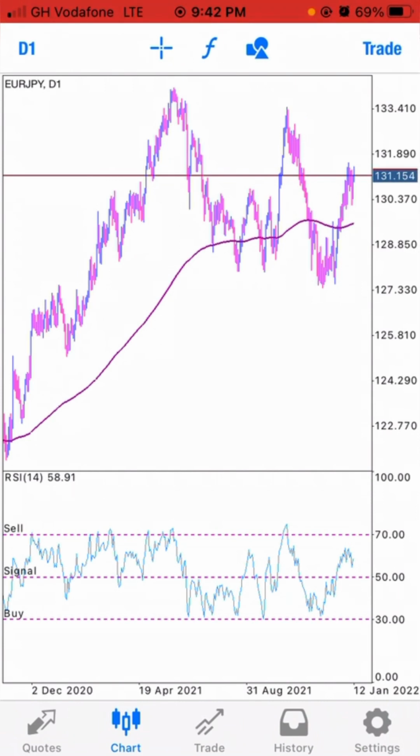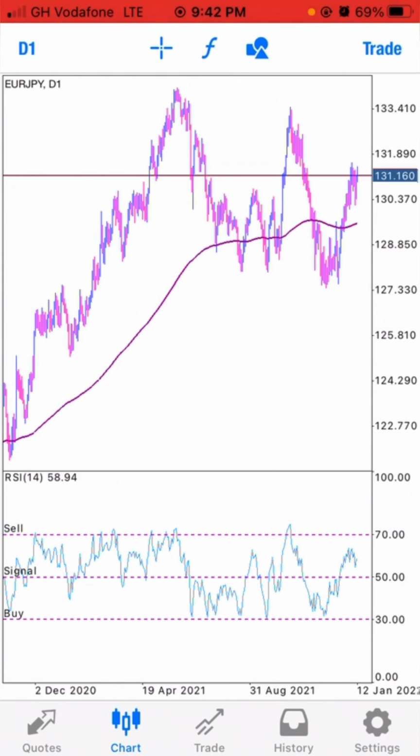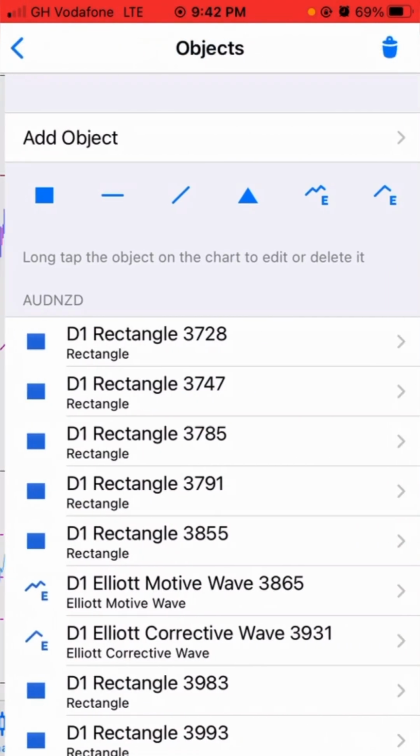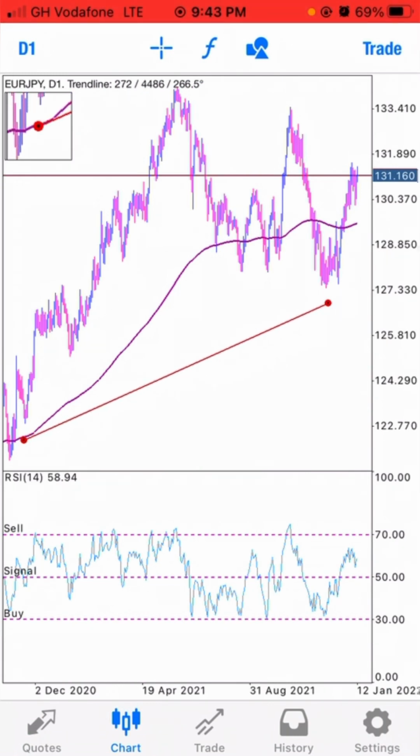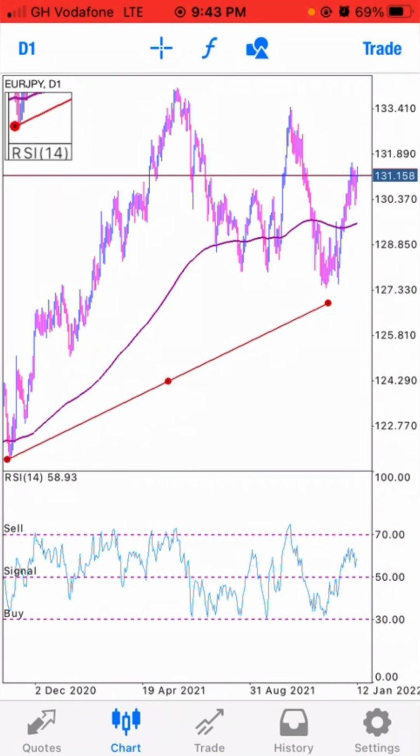So when you zoom in like this, it gives you a clear picture of what the market is doing. So in a layman's mind, you will see that there is a bullish market. So I've selected my trend line, and then I can draw from here, from this tip, to here.